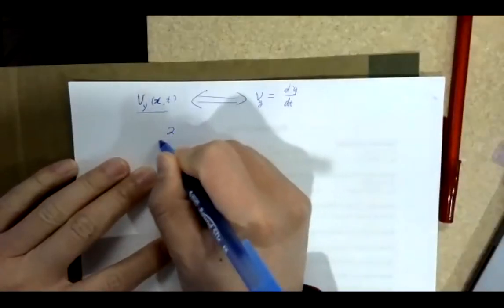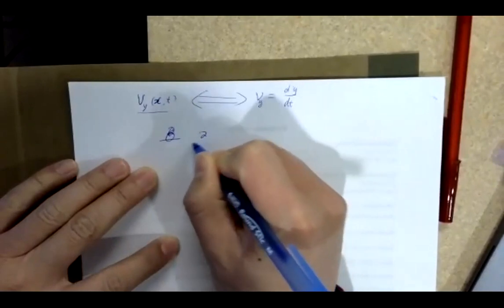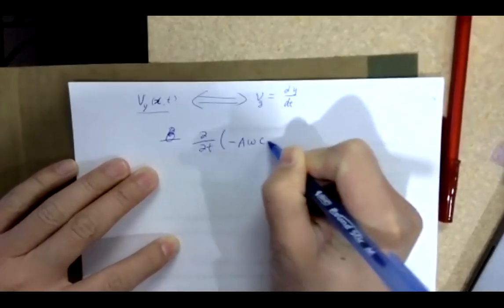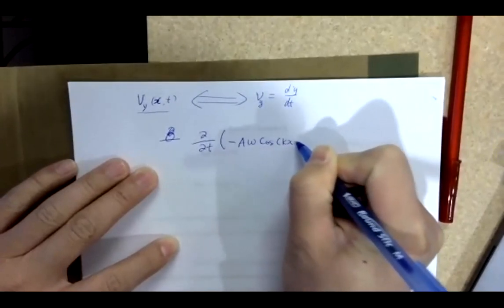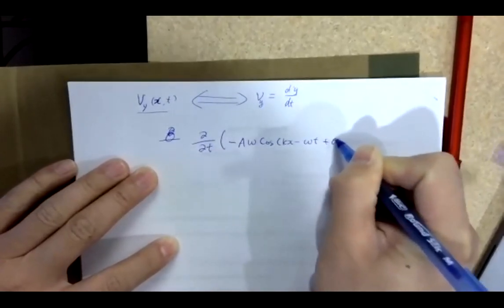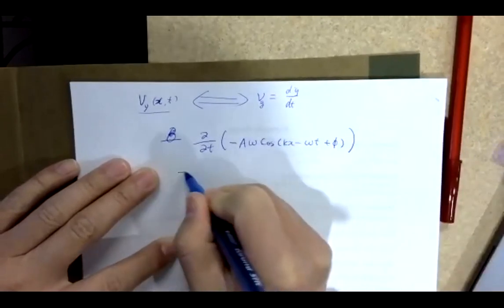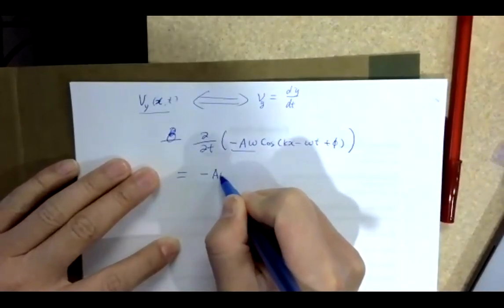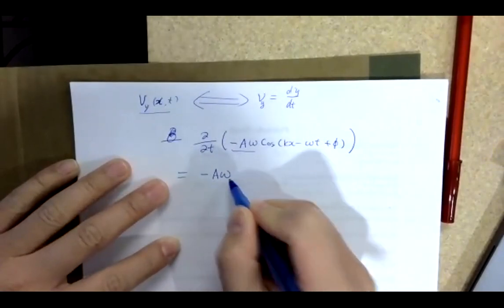So if you're doing the partial derivative with respect to t of this, minus A omega cosine of (kx minus omega t plus phi), this will equal the constant terms, you can just copy them down, minus A times omega, right?